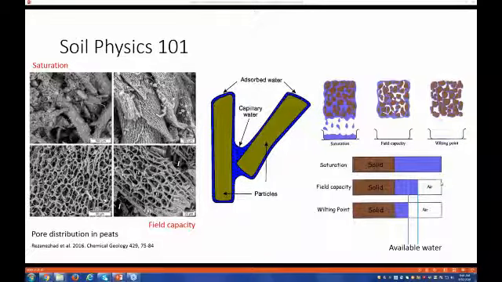In the scheme, this amount of water is field capacity, this amount is wilting point, and between field capacity and wilting point is the available water. So now we have the concept of saturation, field capacity, and wilting point.